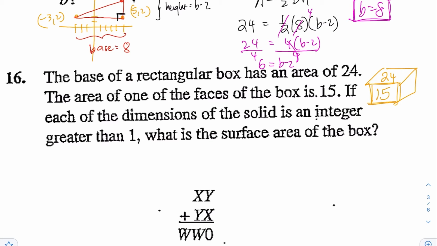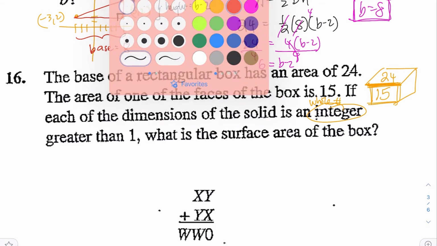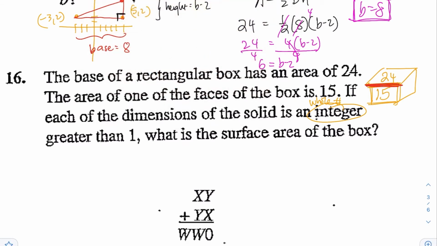Now, because they're all integers or whole numbers, bigger than 1, you know that this side must be a common factor of 24 and 15. And 24 and 15 have 1 as a common factor, but they also have 3 as the other factor. And no other factors. So therefore, one of these sides has to be 3.